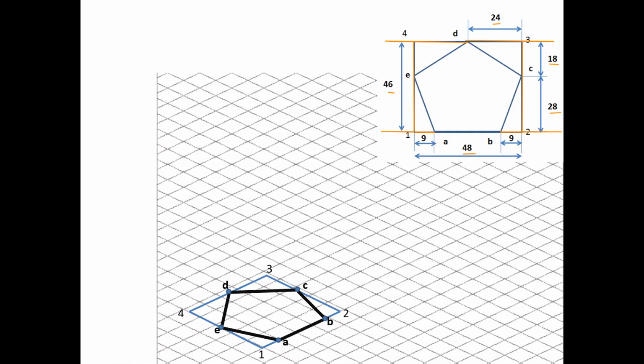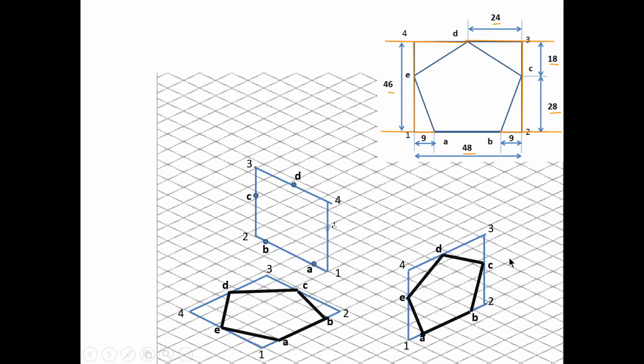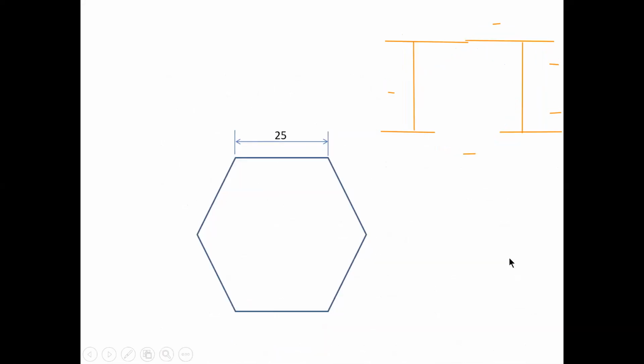So like this, you need to construct a hexagonal lamina. So how to construct the hexagonal lamina? First you need to draw the hexagonal lamina, with the pentagon vertical portion on the left and right side.